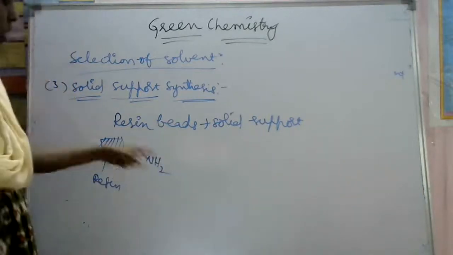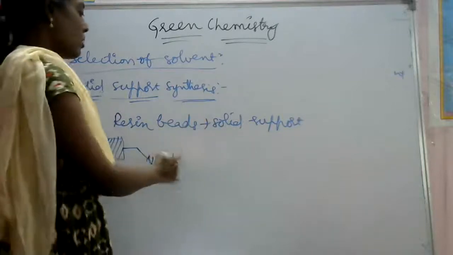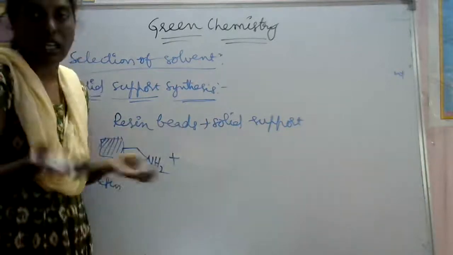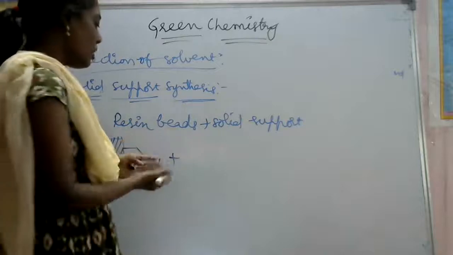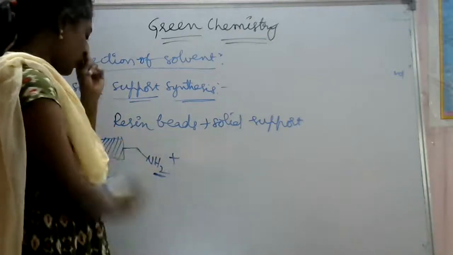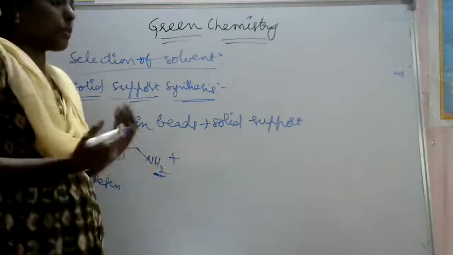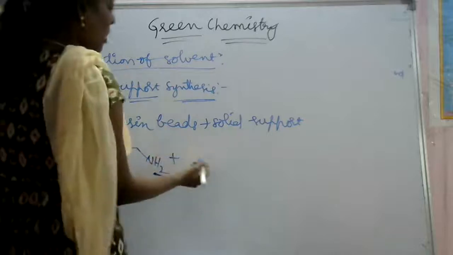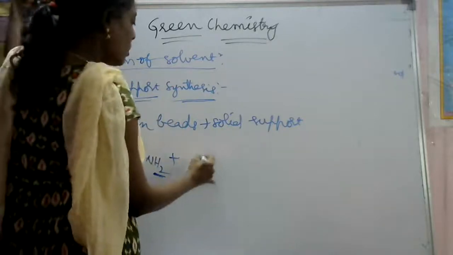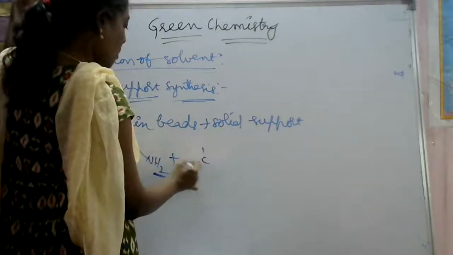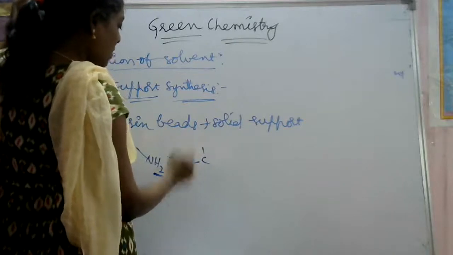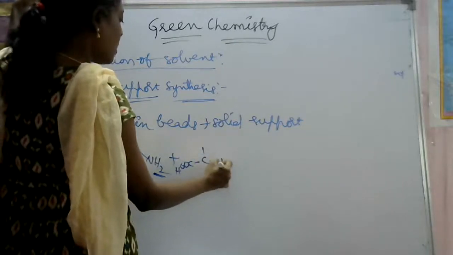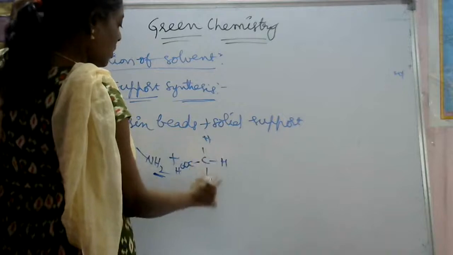When you add amino acids or any other one, what will it do? It will remove this one. Suppose you take glycine: CH is there, the COOH group is there, and next NH2 is there.